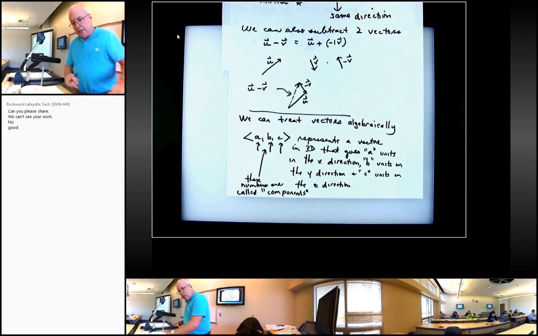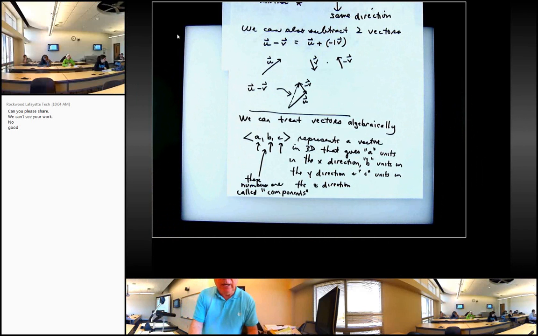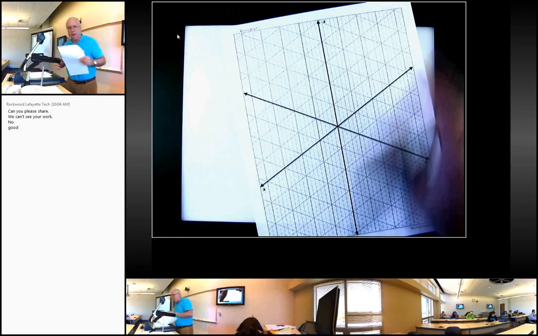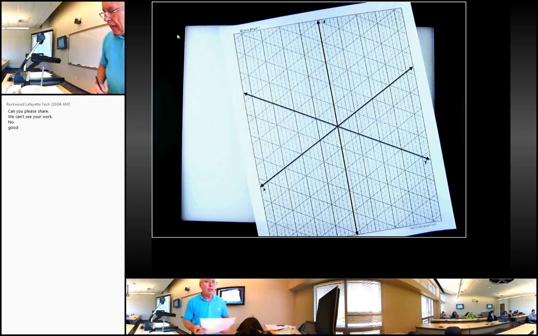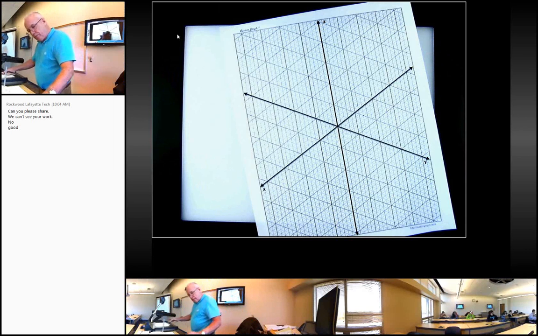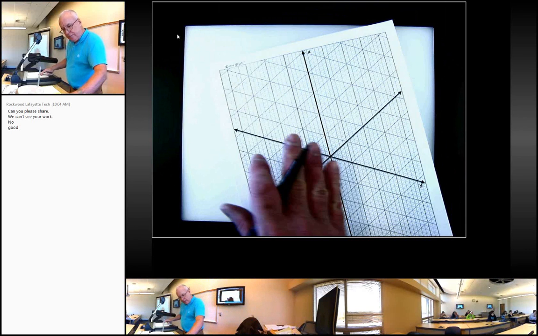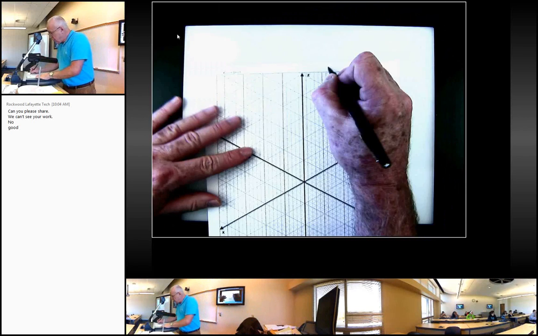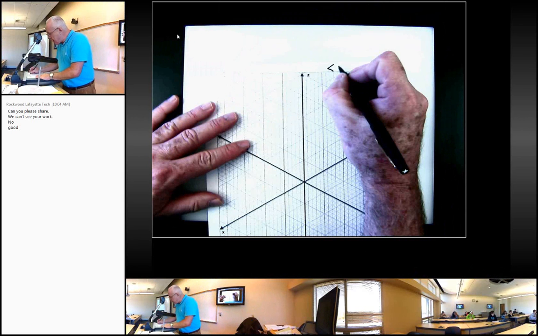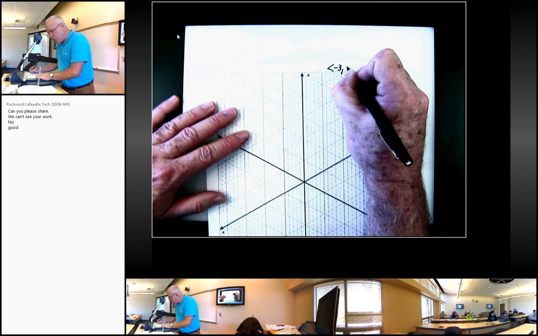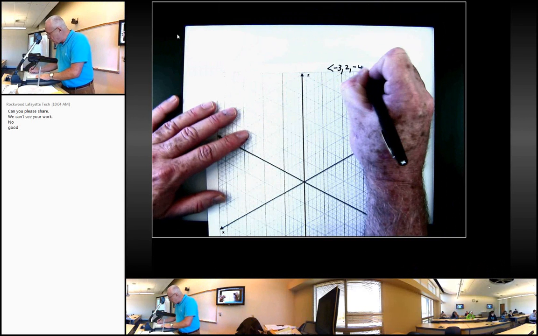So let's look at something here. Let me get out my 3D graph paper, and let's look at this vector here, -3, 2, and -4.